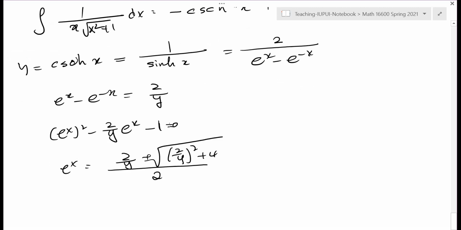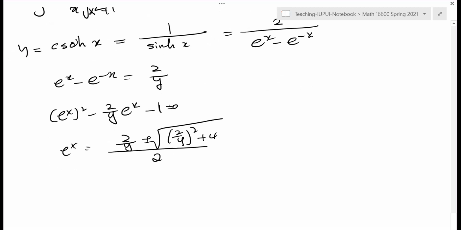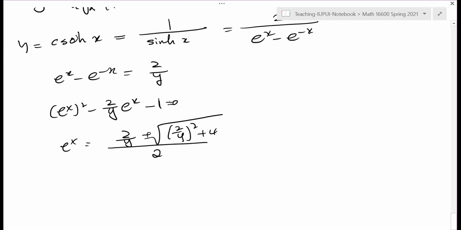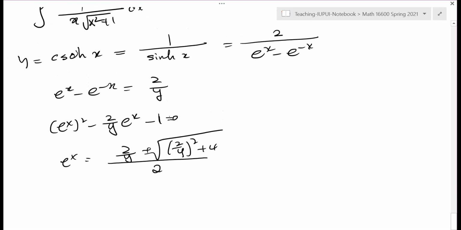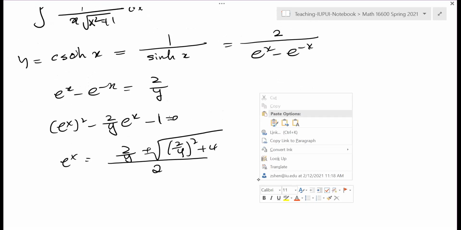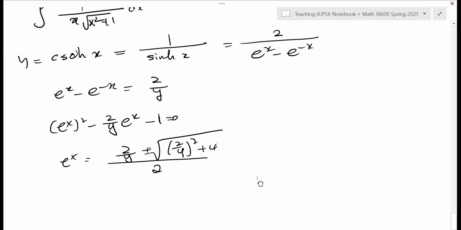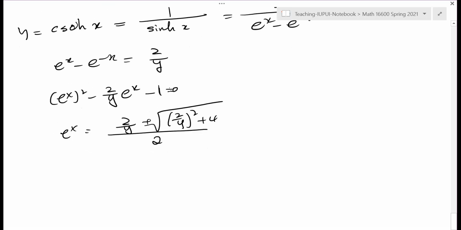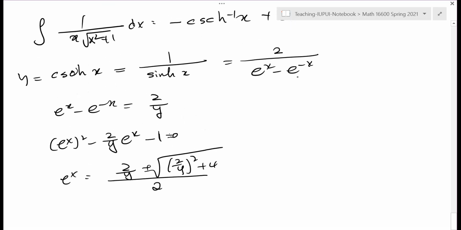So you have to make a choice. Should it be plus or minus? I think it should be plus, because with minus, y is positive. We assume x is positive, so y is positive.